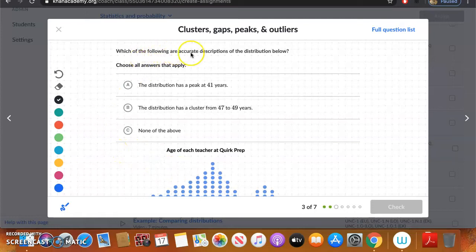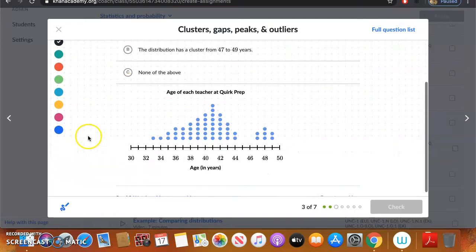Which of the following are accurate descriptions of the distribution below? So let's take a look. All right. So definitely here, it does not look like this thing is symmetric, correct? It looks like the minimum is at 33, and the maximum goes all the way to 49, correct?